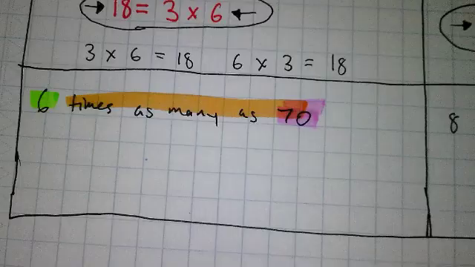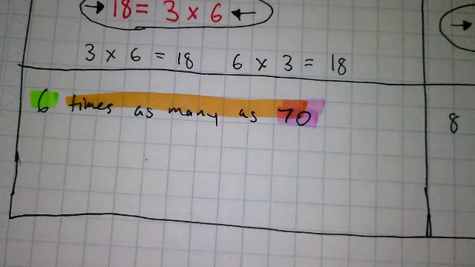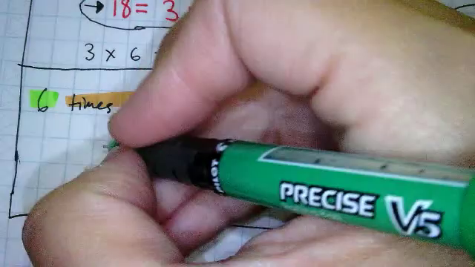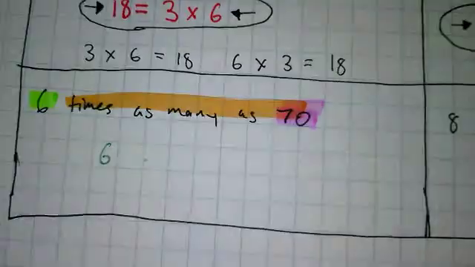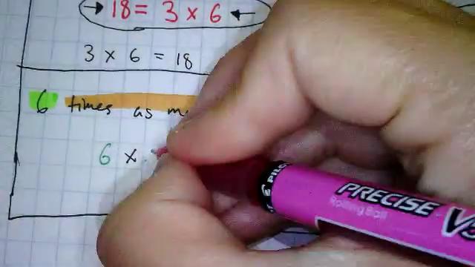Henry. Hazel? 6 times 7 and add it. Well, close. Not 6 times 7. What number do we have there? 6 times 70.